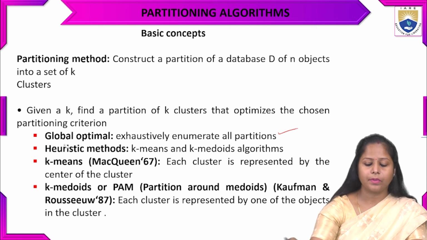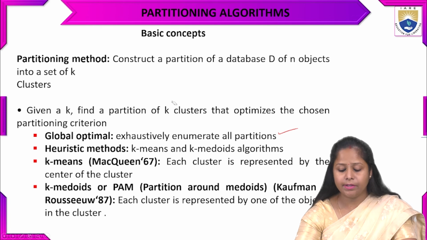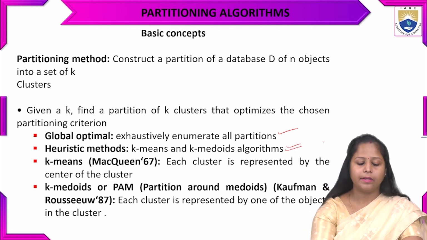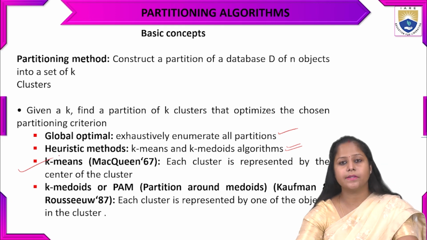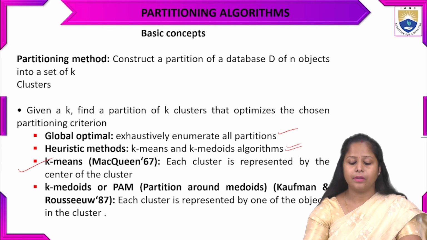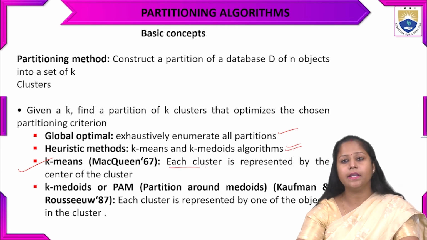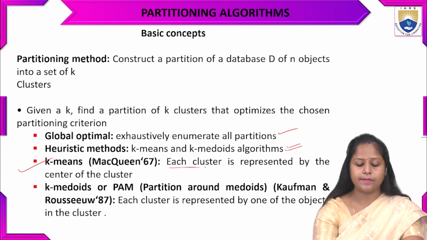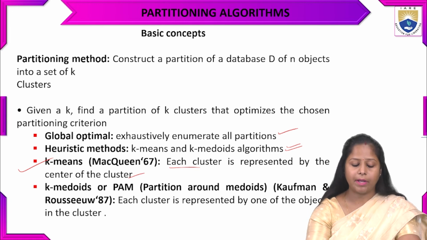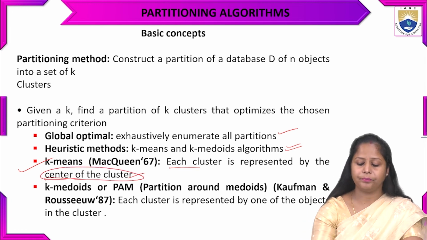Heuristic methods are the k-means and k-medoids algorithms, which we need to apply. K-means, MacQueen 67, is also called the MacQueen 67 method. What is that? Each cluster is represented by the center of the cluster. K-means is nothing but that each cluster is represented by the center of the cluster, right?